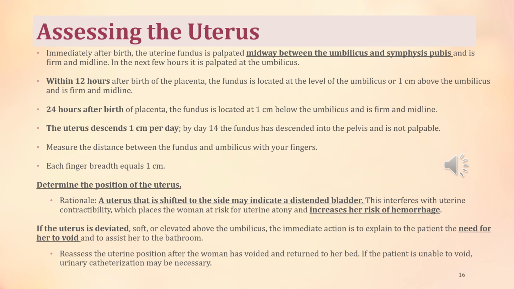So if mom has not voided or is unable to void, we are at that point when we're assessing our uterus that we will have to put a catheter back in. It has been my experience, though, if you bring a catheter into the room, people can void pretty quickly for you because most of the time they don't want that catheter placed, right? So it's magical like that.